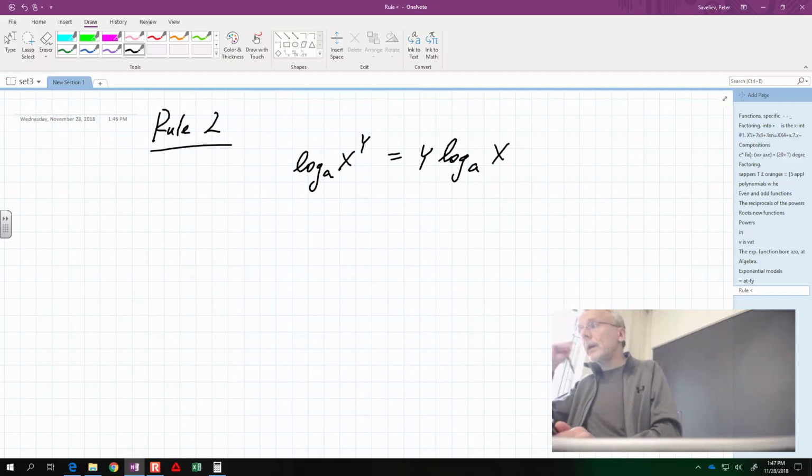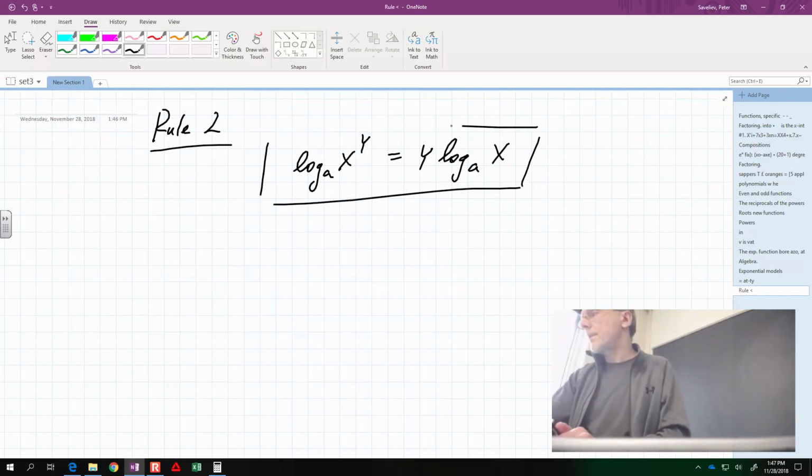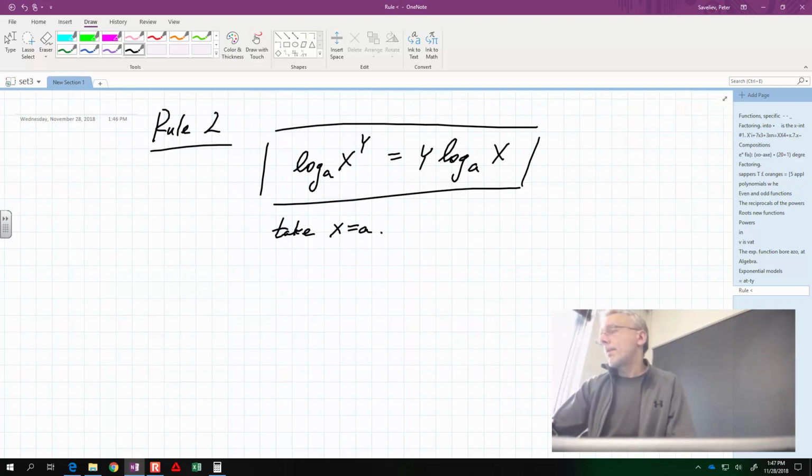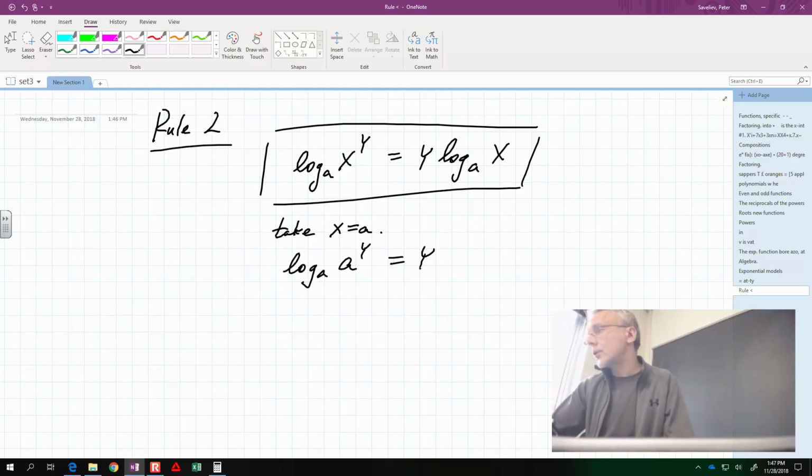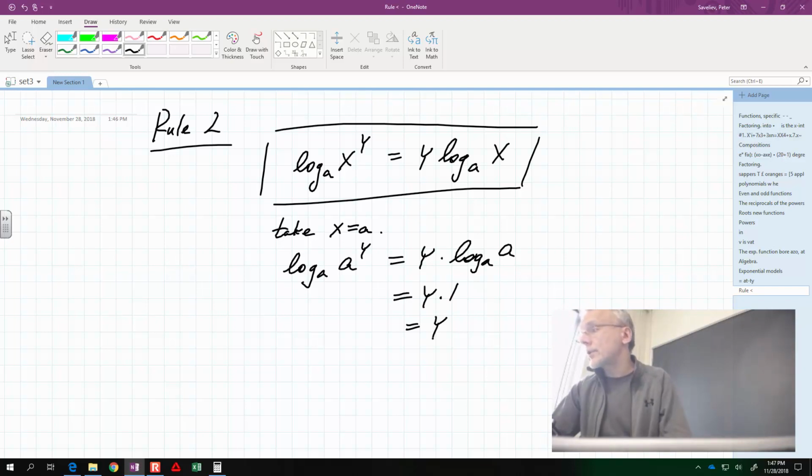If you just think about the special case, take x equal to a. Then you have log base a of a^y is equal to y times log base a of a. What's log base a of a? It's 1. To what power do I raise a to get a? The answer is 1. So it is, in fact, y times 1, or in other words, it's y.